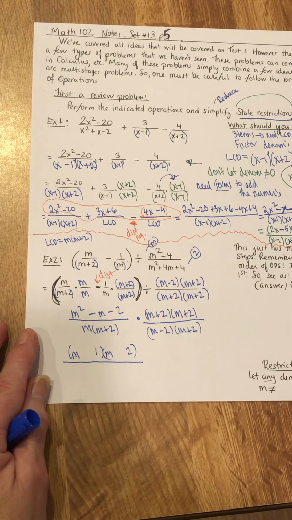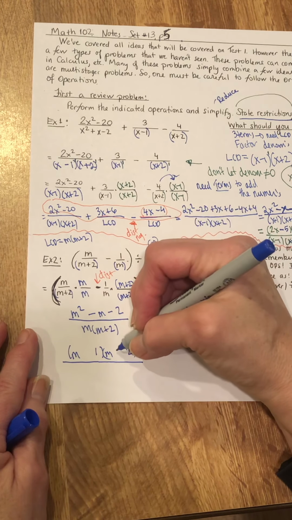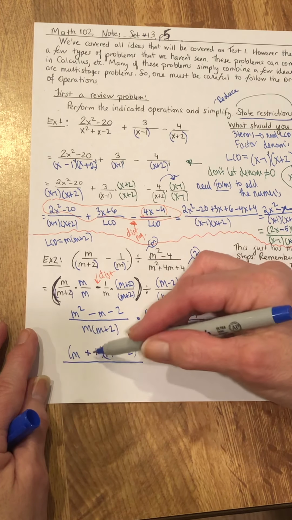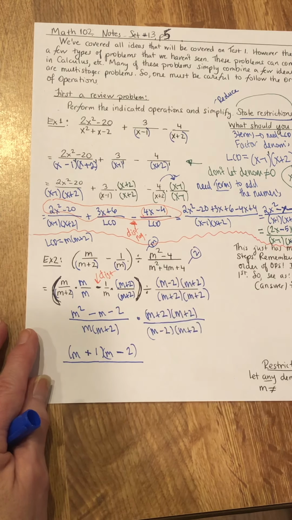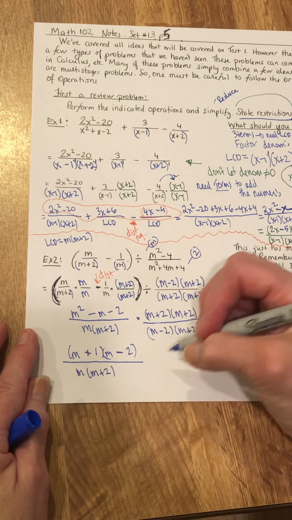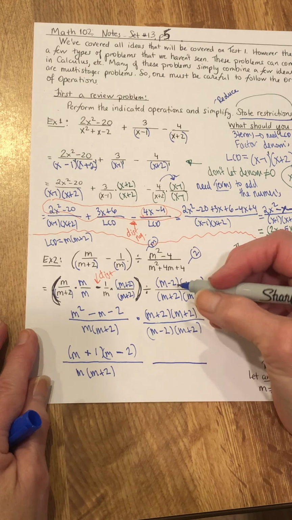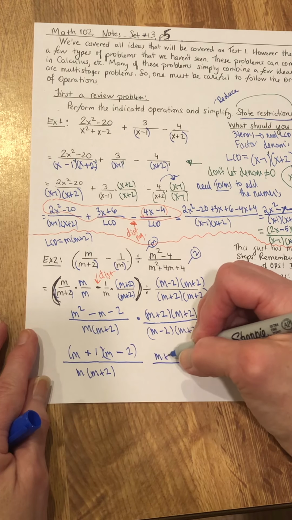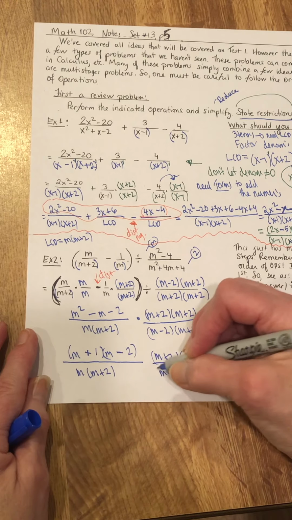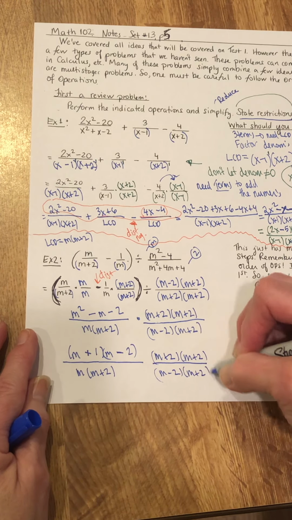So that this one is minus, this one's plus, so that the outer is negative 2, inner is positive 1, so it adds up to negative 1. And then I have m times m plus 2 over m plus 2 times m plus 2, m minus 2, m plus 2.